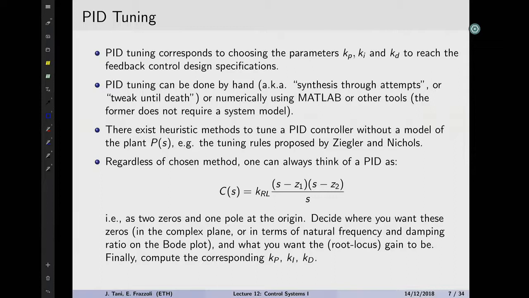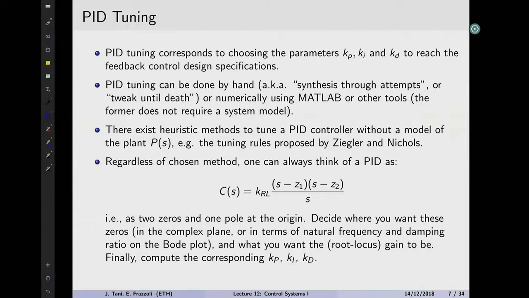It's a method that says, first play around with the proportional part of the controller, which is definitely the one that brings the biggest contribution to the performance of the closed loop system, and tweak it until you find a critical point where your output is at a steady state oscillation. Then once you find that critical point, just measure the period of the oscillation, and I'll provide you a table with crazy numbers. Just trust me, plug in these numbers and you find the rest. That's what the Ziegler-Nichols approach is.